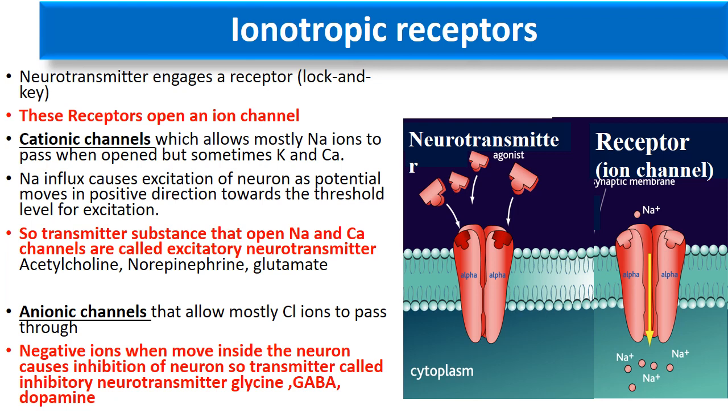Depending on the type of neurotransmitter, if it is an excitatory neurotransmitter and it opens the sodium and calcium channels, it will cause excitation. If a neurotransmitter opens the potassium and chloride channels, it will cause inhibition.